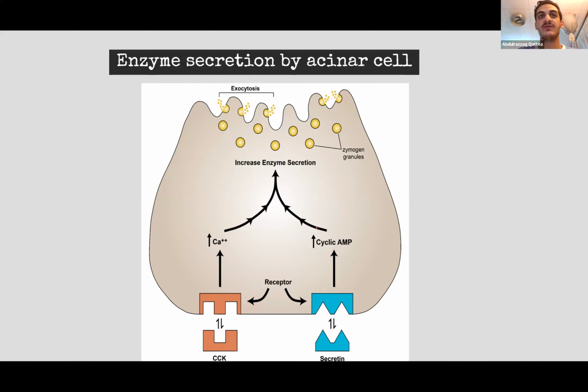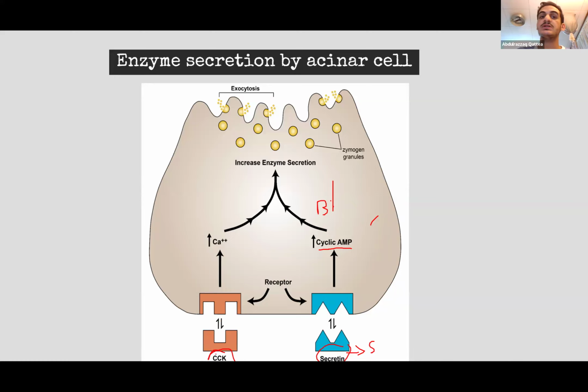Yeah, so let's revise one more time the enzymes and the cells. Let's look here at secretin. The cell that releases secretin is the S cell. The S cells secrete secretin, and when secretin binds to the receptors in the ductal cell, it will release cyclic AMP, and from cyclic AMP, it will release bicarbonate. However, in the acinar cells, we have CCK, which comes from the I cells.